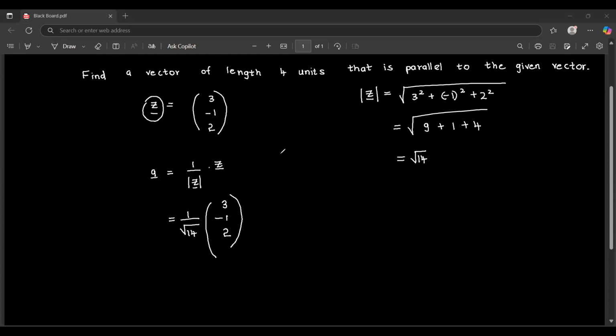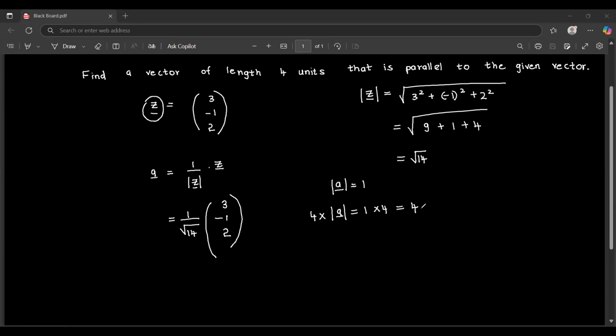But this is not the question. We have to find a vector of length 4 units. Since we know the modulus of a is equal to 1, because that is the unit vector in the direction of z, I can simply find a vector of 4 units by multiplying both sides by 4. That will give me a vector of 4 units in magnitude.